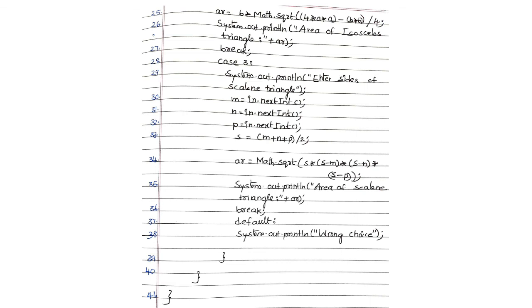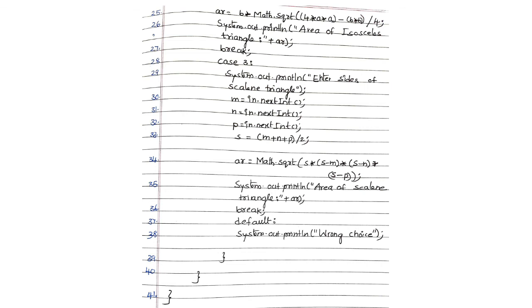That is AR is equal to B into Math.sqrt of 4 into A minus B into B by 4. And the formula is 1 by 4 into B into square root of 4a square minus b square.